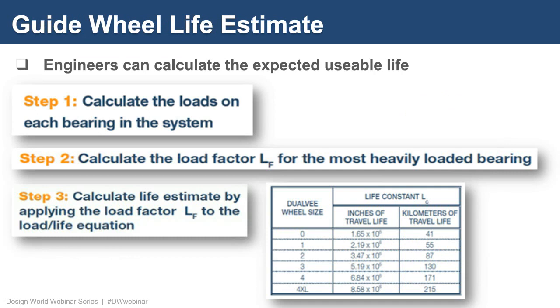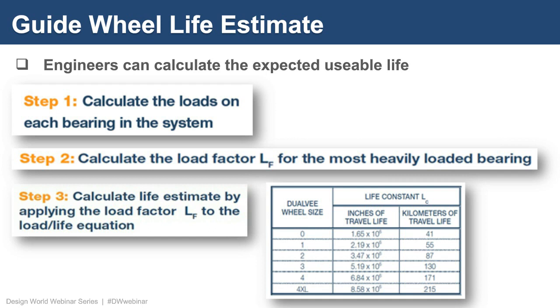Engineers can calculate the expected life estimate, but I think it's fairly simple to use the equations, and just about anyone can do these calculations. It's a simple three-step process. Step one is to calculate the loads on each bearing in a motion system. Step two is to calculate the load factor for the most heavily loaded bearing.